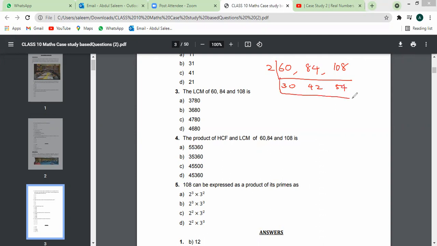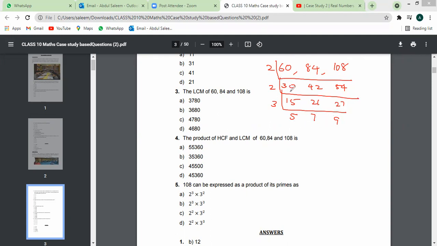Then again we can divide by 2. It is 15, 21, and 27. Then we can divide all with the number 3. It is 5, 7, and 9.